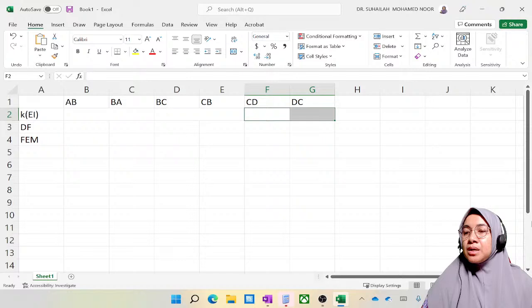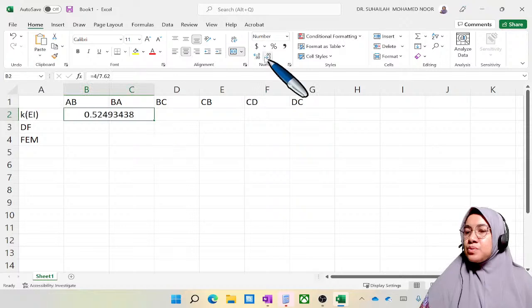For the length of AB, since all is fixed end, we use 4EI over L. The length is 7.62, so it is 4 divided by 7.62.